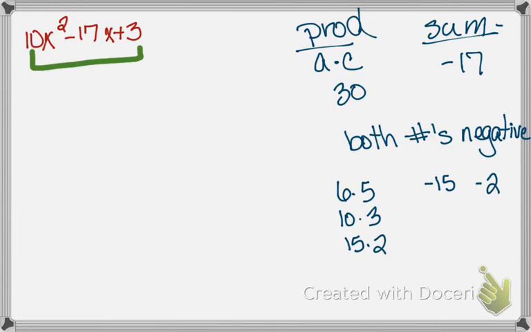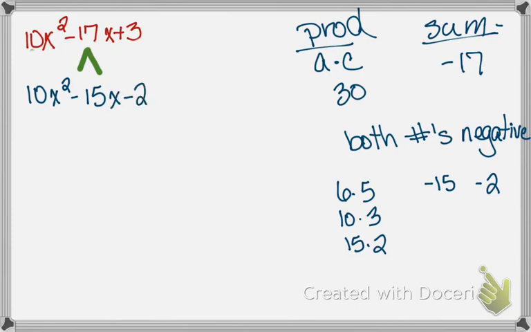So now I split my negative 17. So I'm going to write 10x squared minus 15x minus 2x plus 3.